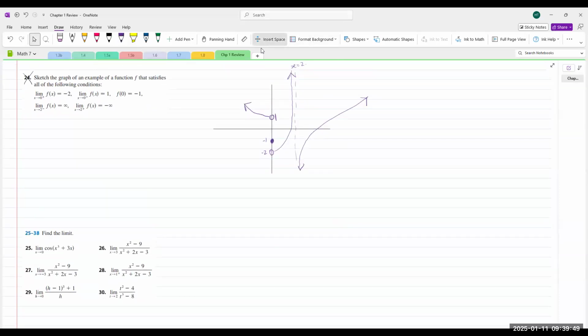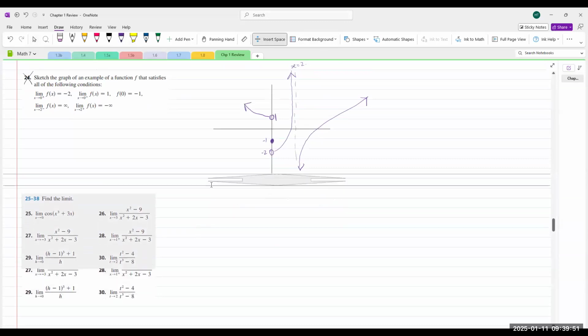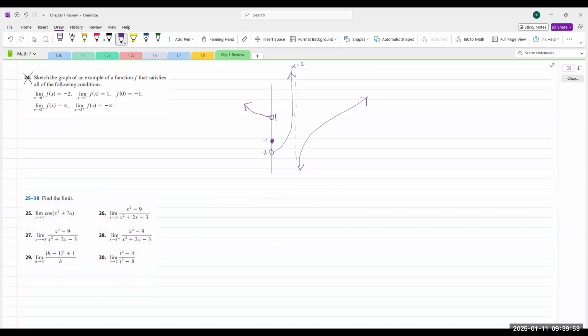Now the following are my type. In fact, when you study later on, focus on the limits, how to compute a limit. It will be approximately 40%, even 50% of test 1 about computing the limit. Number 25, the limit as x approaches 0 of cosine of (x cubed plus 3x).